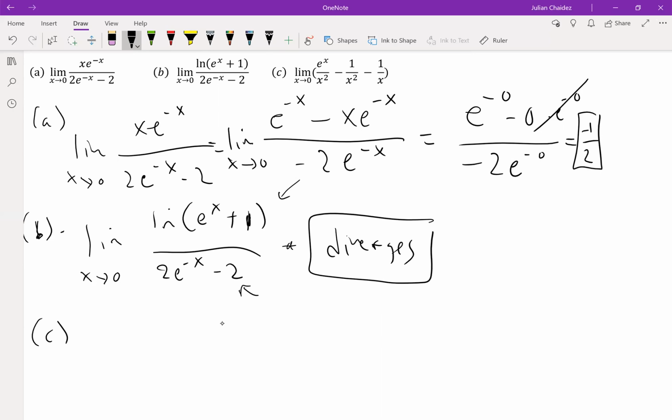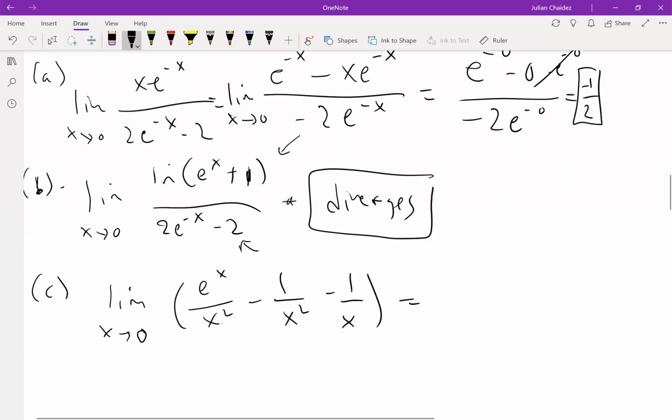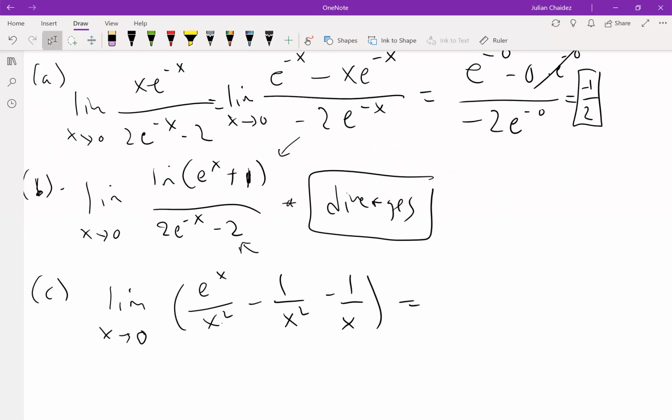All right, and then for C, and feel free to interrupt if you had questions about B, but for C, if I look at this limit, e to the x over x squared minus 1 over x squared minus 1 over x. Here, each of these fractions individually diverges, but when they're combined, they converge.